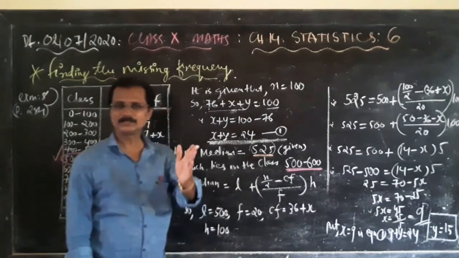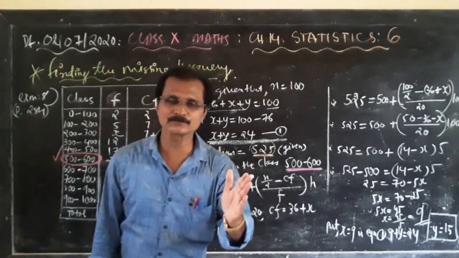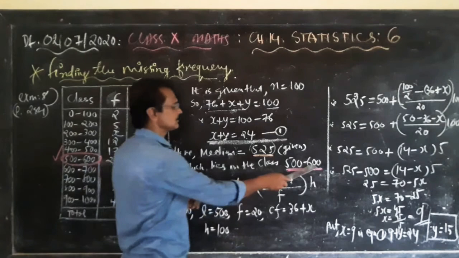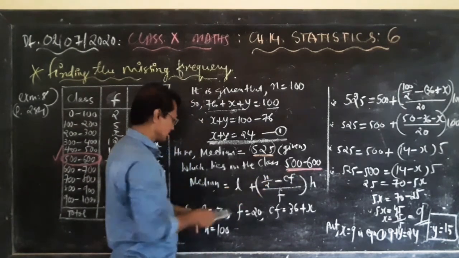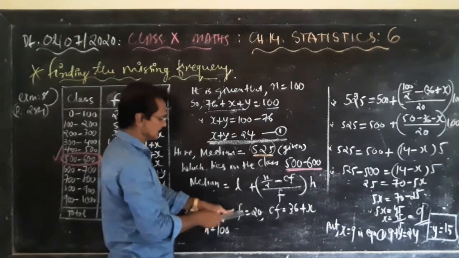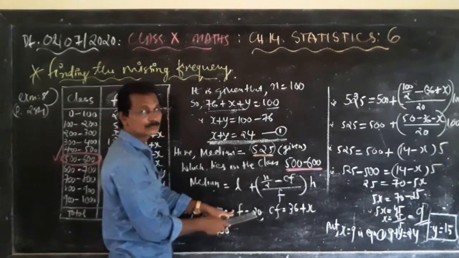Now what is that? L means the lower boundary of the median class. Our median class is 500 to 600, so the lower boundary is 500. So we can write L equal to 500. F means the frequency of the median class.